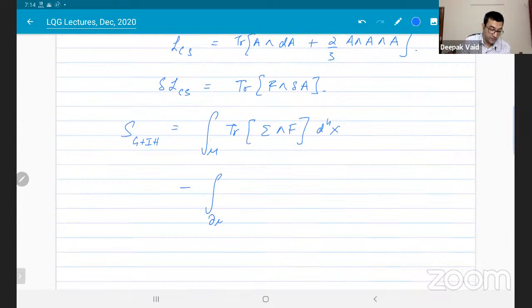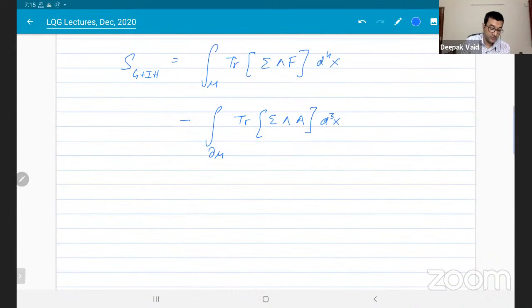Then you have the boundary of the four-dimensional manifold. Over that, you have to put this counter term, sigma wedge A, d cubed x. And then finally, to take into account the isolated horizon boundary condition, you have to put in another term, which looks like this.